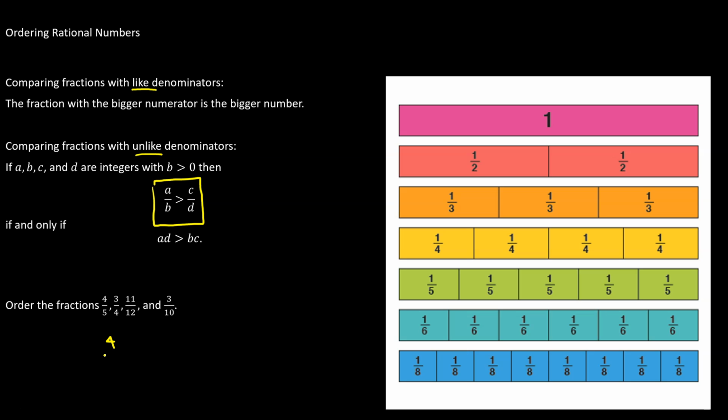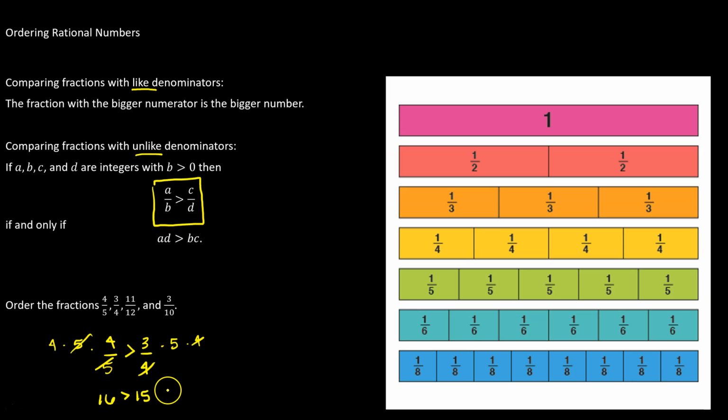We can do 4/5, and we're going to take a guess maybe that it's larger than 3/4. Well, if it is larger, then when we multiply through by our denominators, then we'll get a true statement. If it is not larger, then multiplying through by the denominators will give us a false statement.